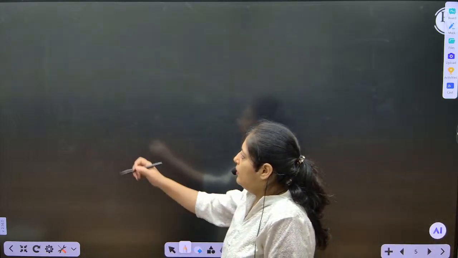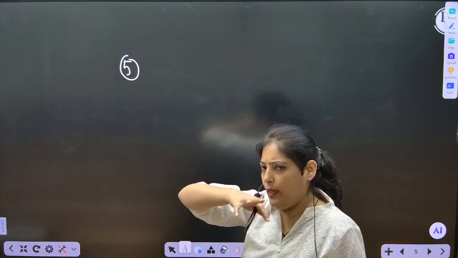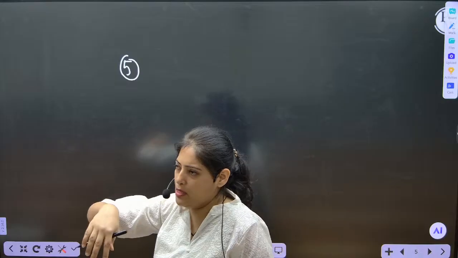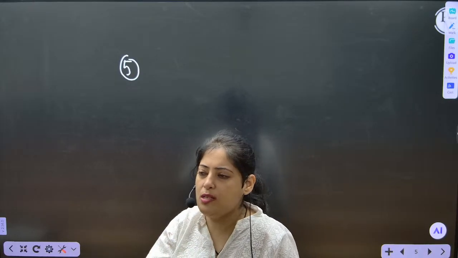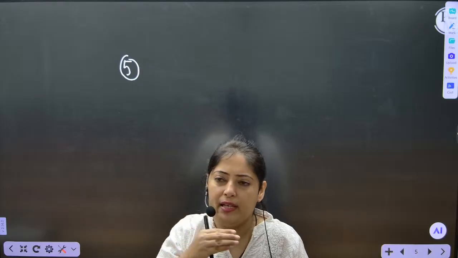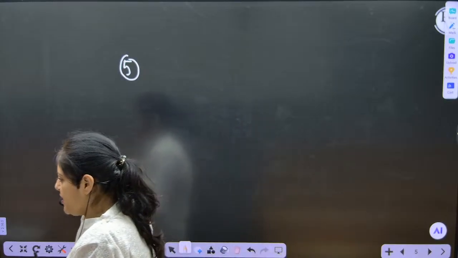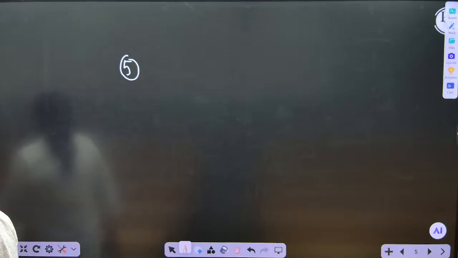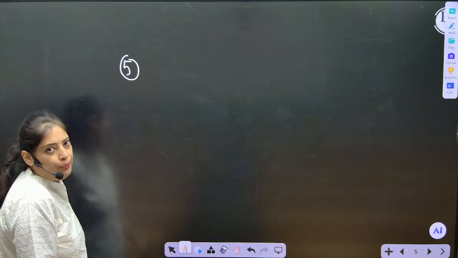Next, whatever the behavior of A is, behavior means if A is a singular matrix, non-singular matrix, skew-symmetric matrix, or symmetric matrix, this kind of behavior or nature I am talking about, it will have some effect over its adjoint matrix also.